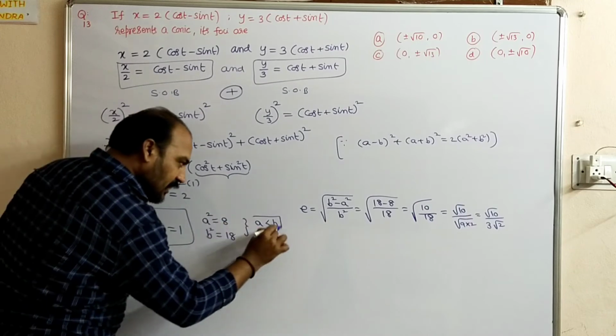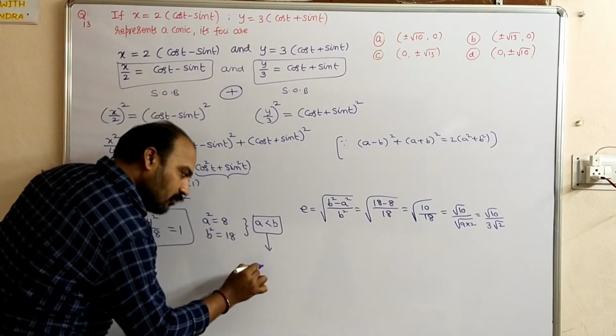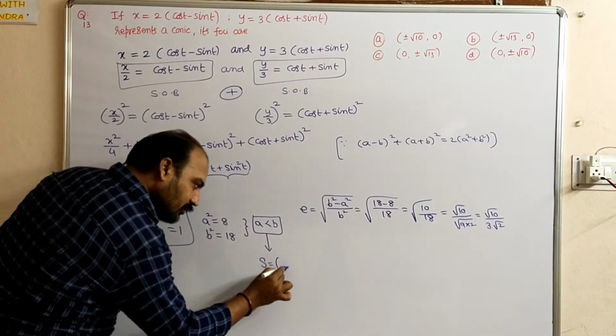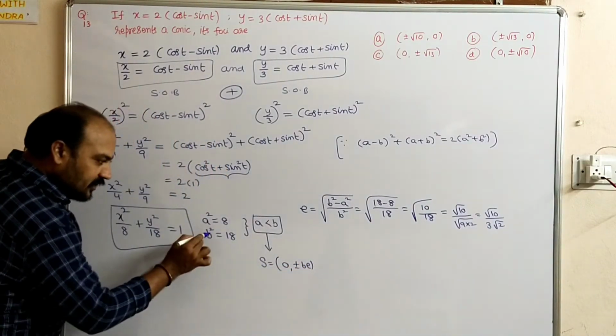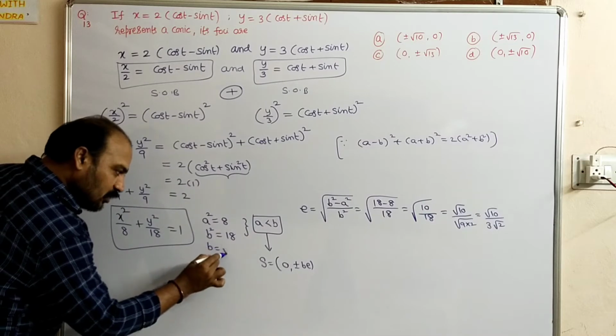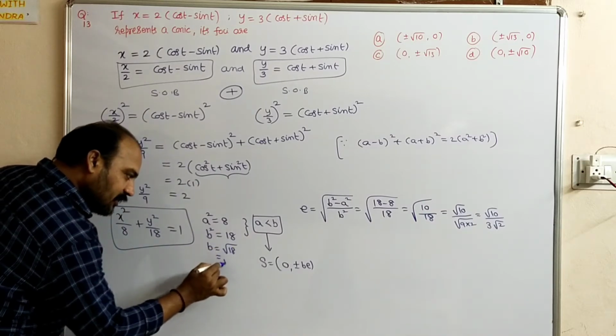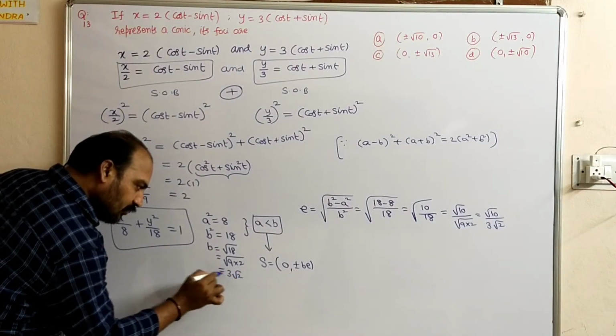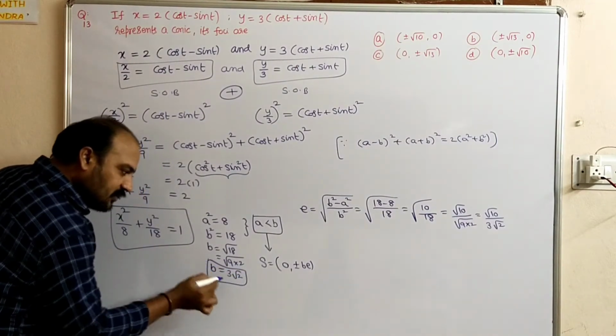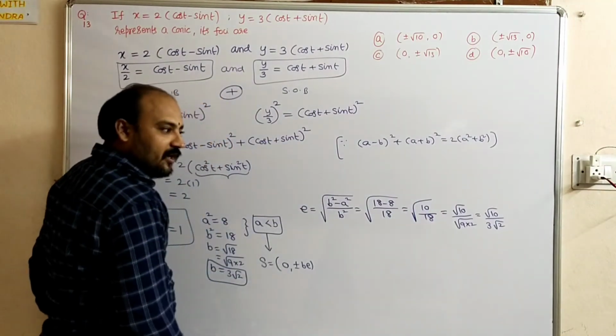Whenever a is less than b, the coordinates of foci are (0, plus or minus be). So b square equals 18 means b is equal to root 18. We can write it as root of 9 into 2, which is equal to 3 root 2, the b value. So now the b value and e value both are there.